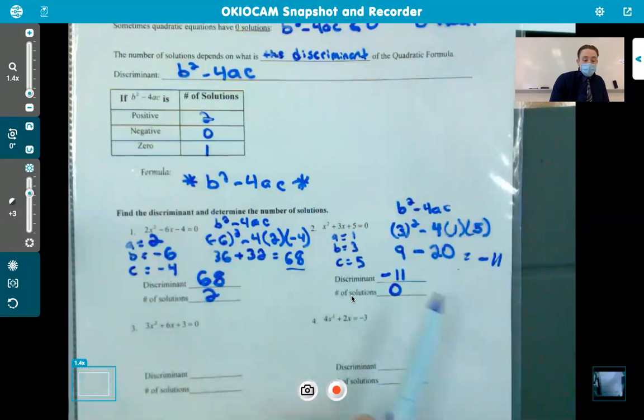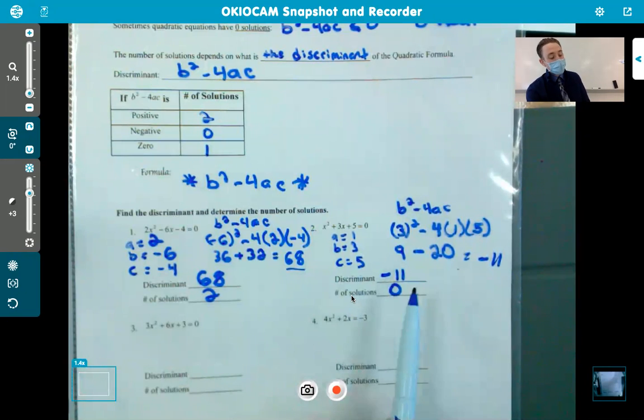So now if I were to look at maybe the graph of number 2, this is a situation where I would maybe just touch the x-axis. And if I was going to find the real solution for this using the quadratic formula, you'd only get one answer in the end. Okay. And we talked about that at the end of class yesterday, where if we plugged in these values, we get the square root of 0, right? Because that's what my discriminant is.